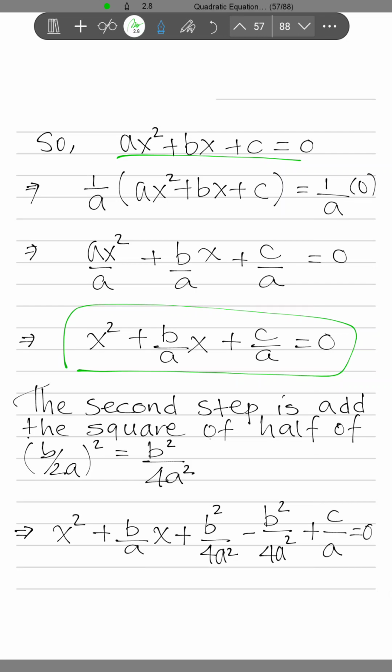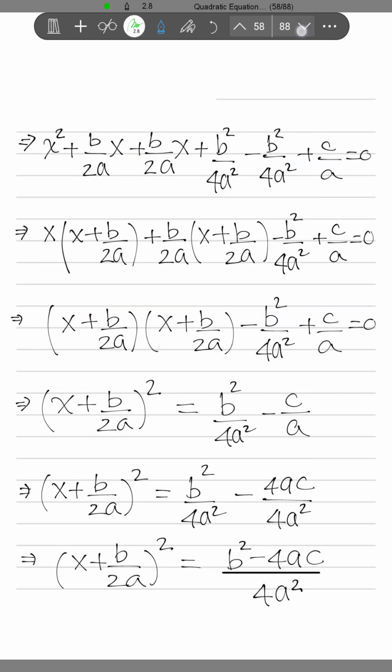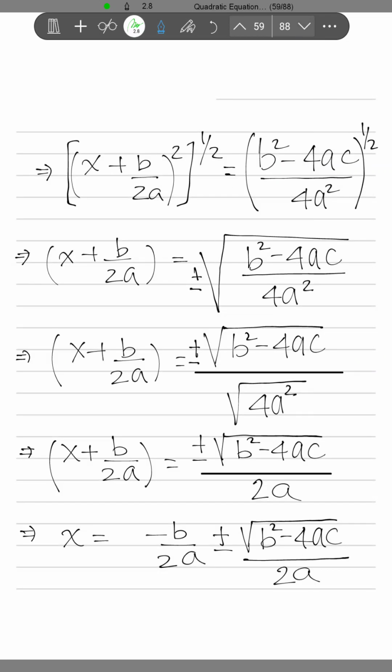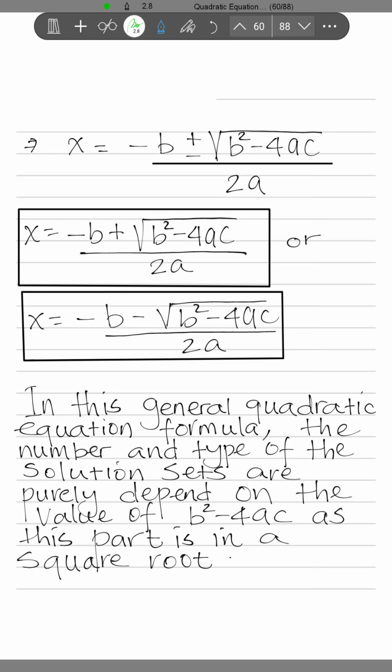Instead of just using a number and getting the answer, we try to find a general formula for a quadratic equation in terms of constants a, b, and c.